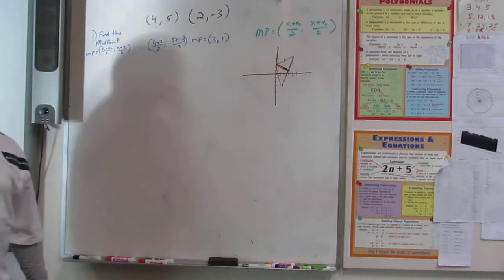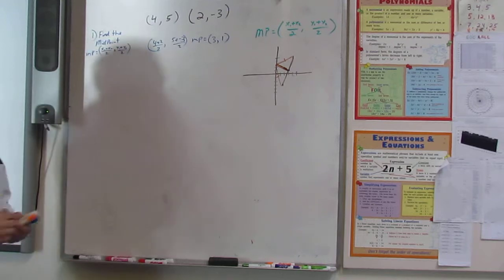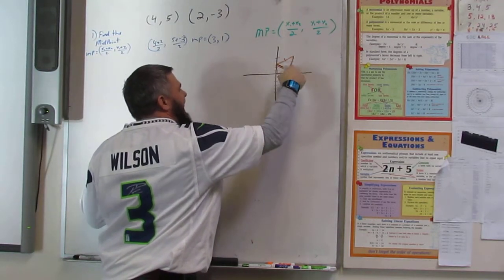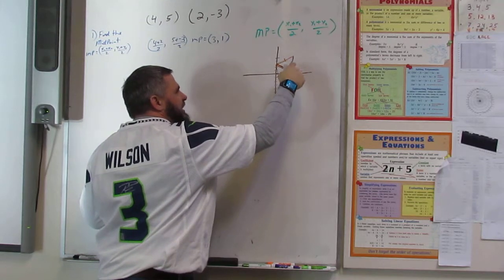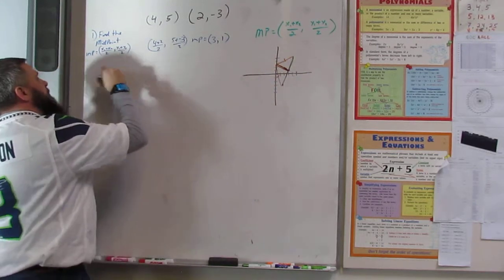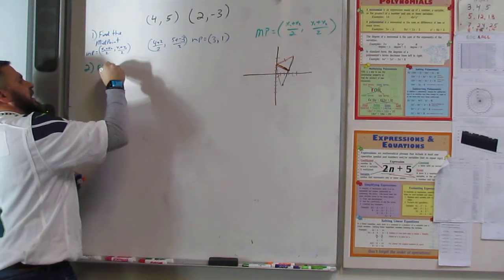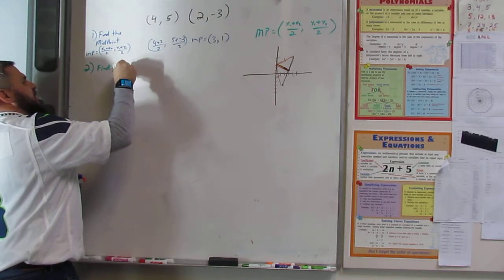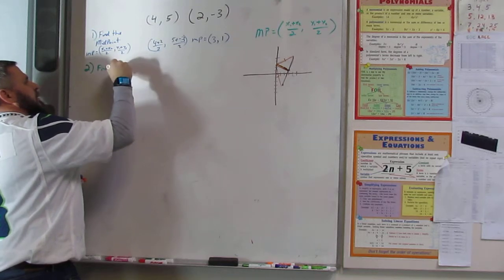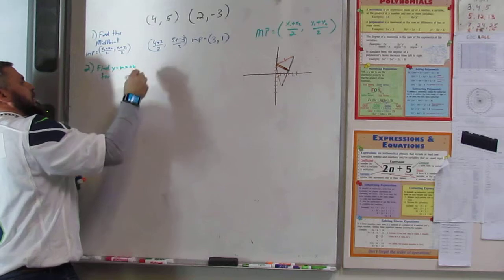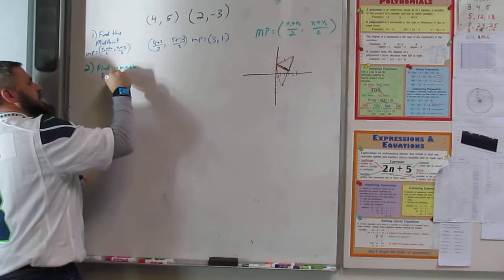So the key, again, the key is to find the perpendicular. To find the perpendicular, I have to find the parallel. I have to find this line. So, step 2, find y equals mx plus b for your 2 points.